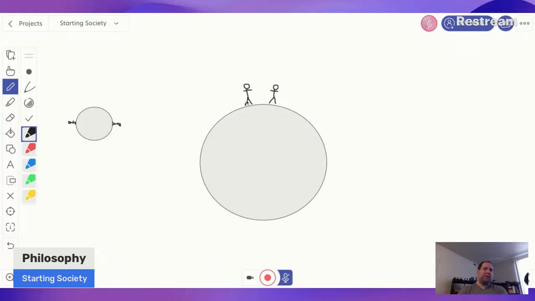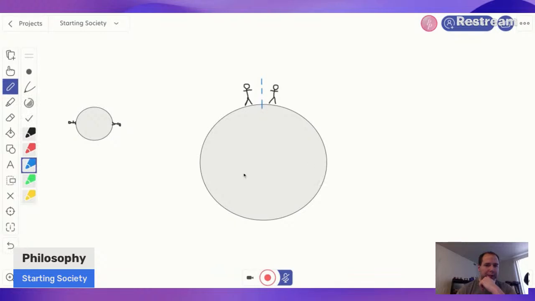But I think even if these two people never spoke, if they were living in the same proximity, I think almost certainly we would say that's part of the same society. But let's stick a dotted line to make it clear that they don't really interact.